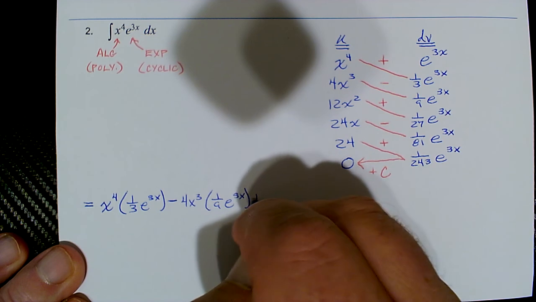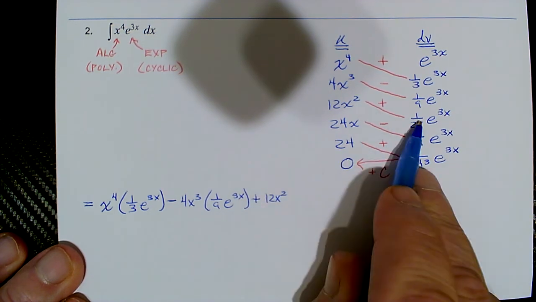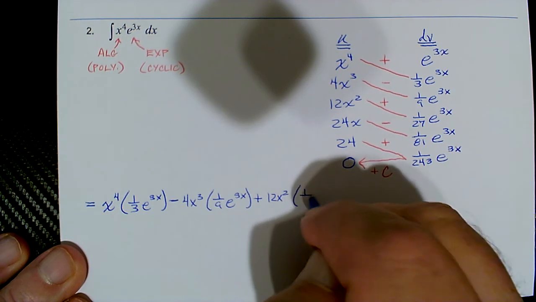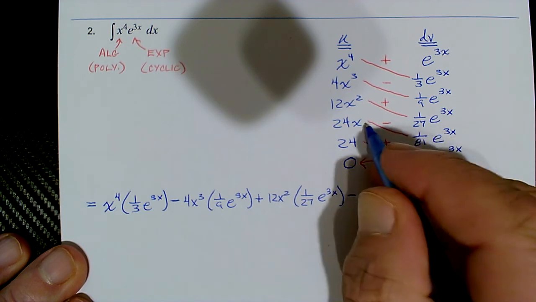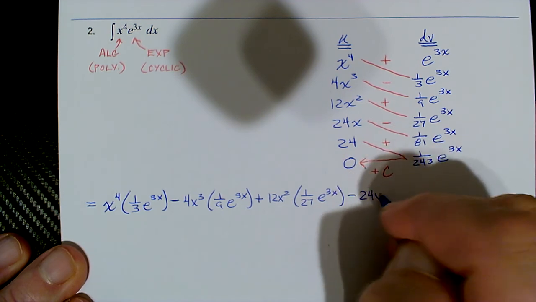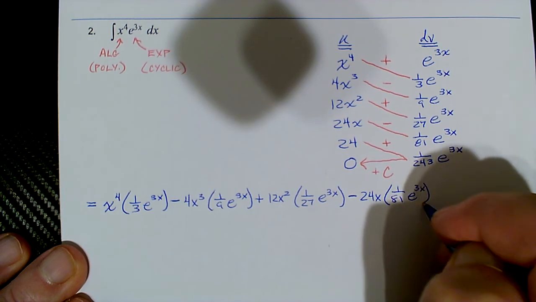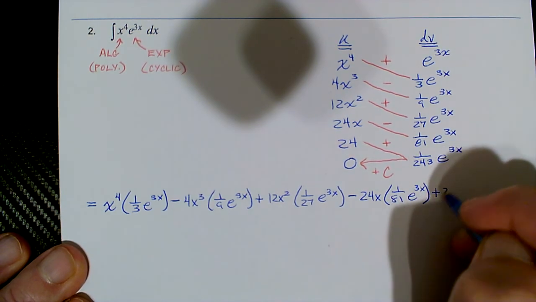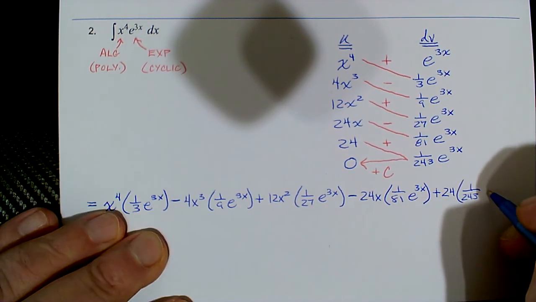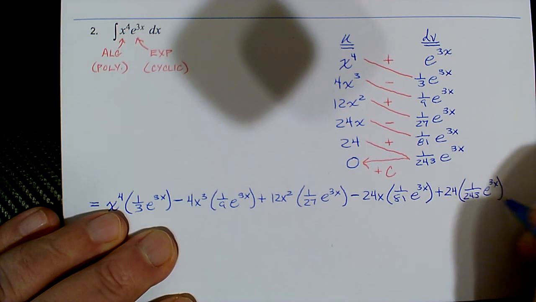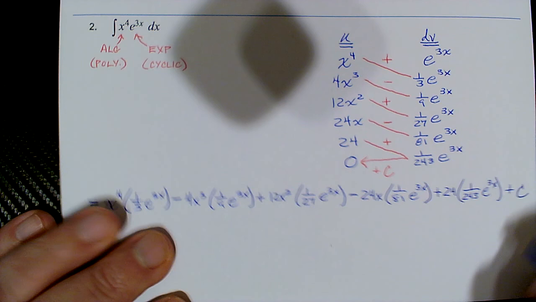Next diagonal product positive 12x squared, 1/27 e to the 3x. Next diagonal product negative 24x, 1/81 e to the 3x. Final diagonal product positive 24 and 1/243 e to the 3x. And then the horizontal should be the integral of 0, but as we've argued, plus c.